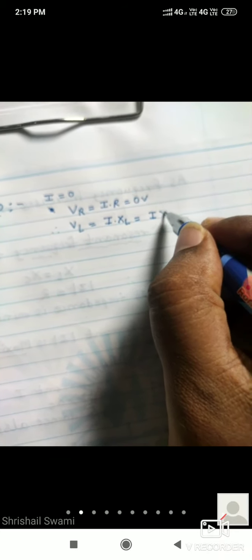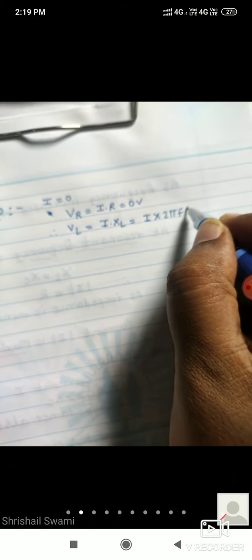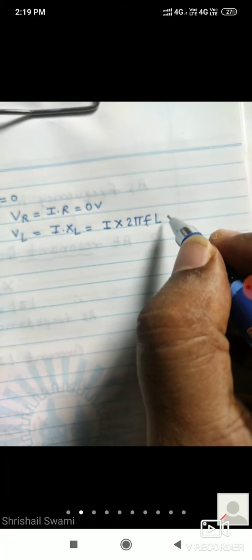Next one, VL. VL is I into XL, that is I into 2 pi FL. So if you are putting f equal to 0, this also becomes 0 volt.